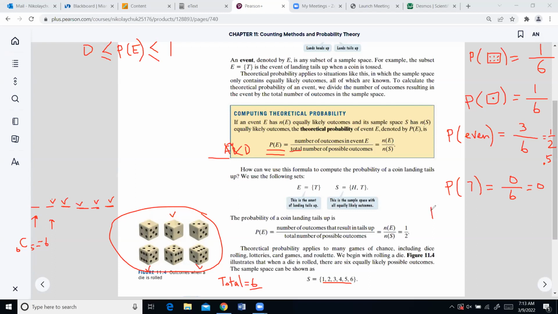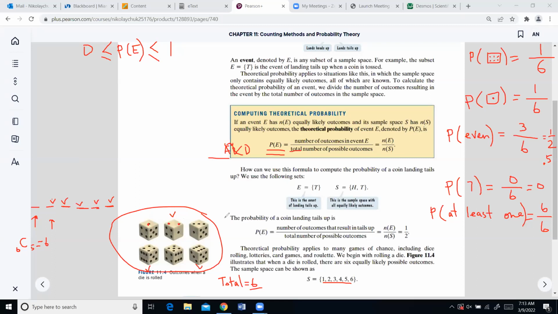The largest probability could be 1. For example, if you say, what's the probability that I get, as people say, at least 1 when I roll it? If I get 1 or more out of these 6, all of them are going to be at least 1. 1 is fine, 2 will be even more than 1, but that fits the description.